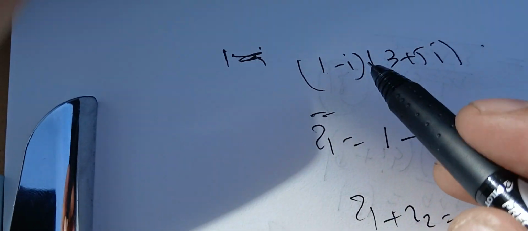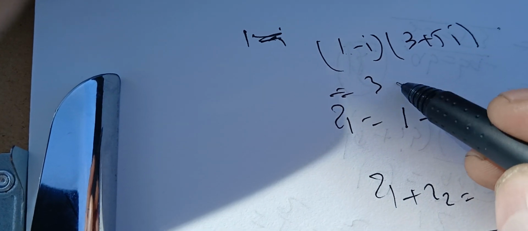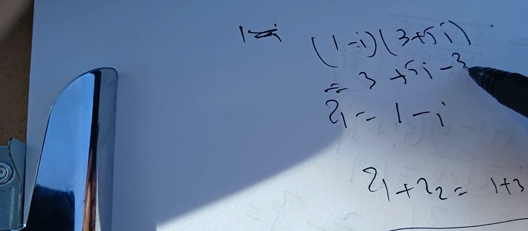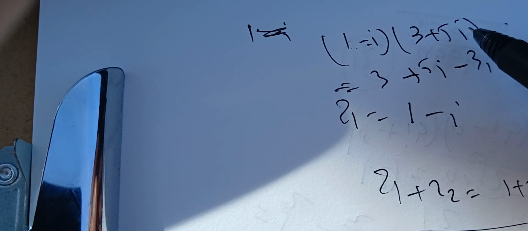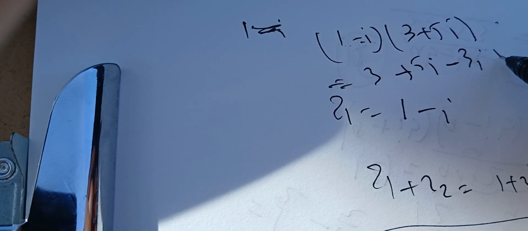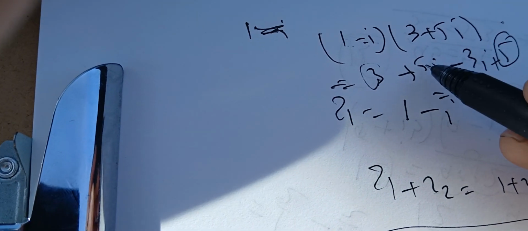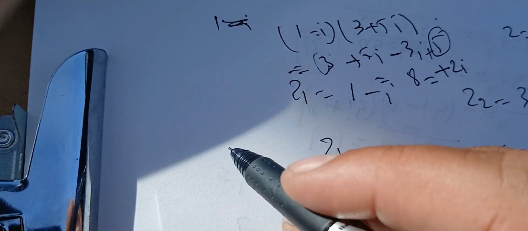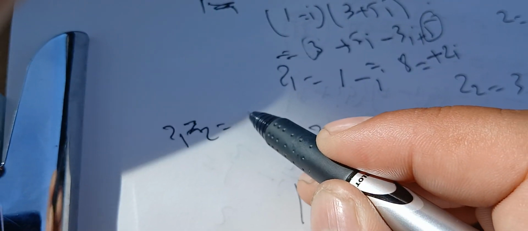So let's do it here. 1 times 3 is 3. 1 times 5i is 5i, minus i times 3 is minus 3i, and minus i times 5i is minus 5 i squared, which is plus 5. So we have 3 plus 5 is 8, and 5i minus 3i is 2i. So z1 times z2 is 8 plus 2i.